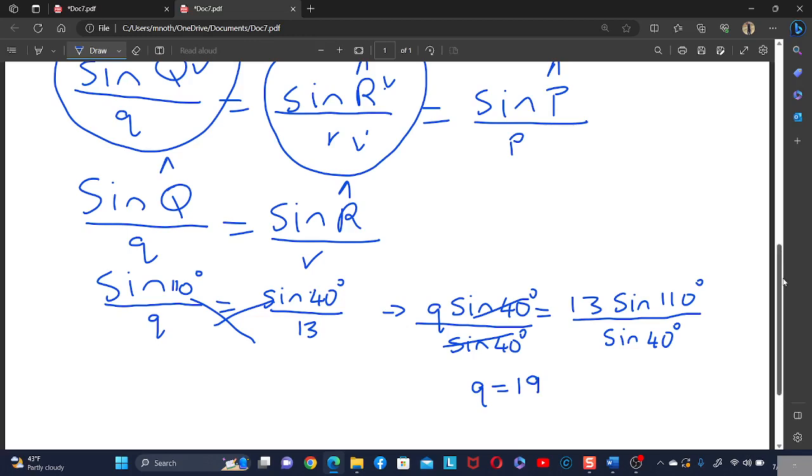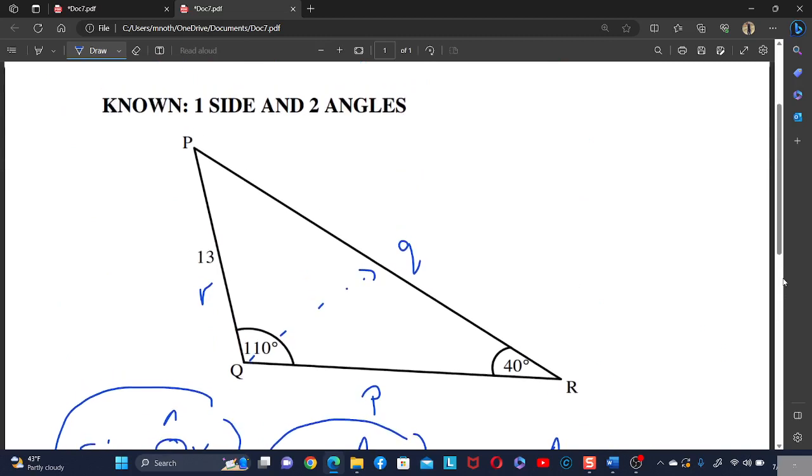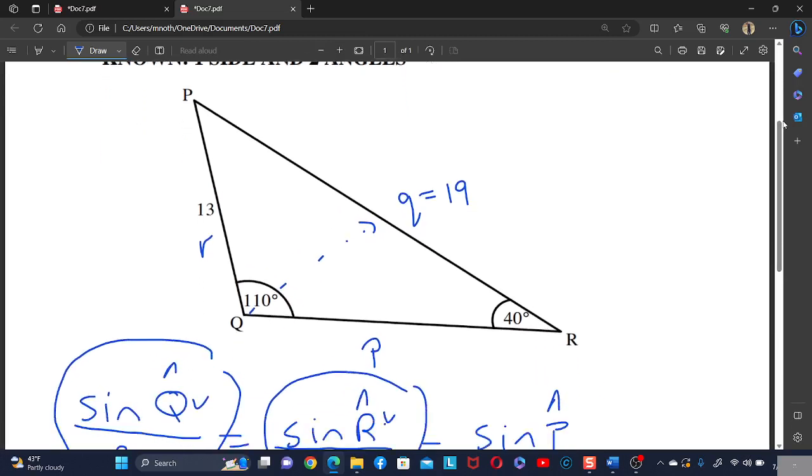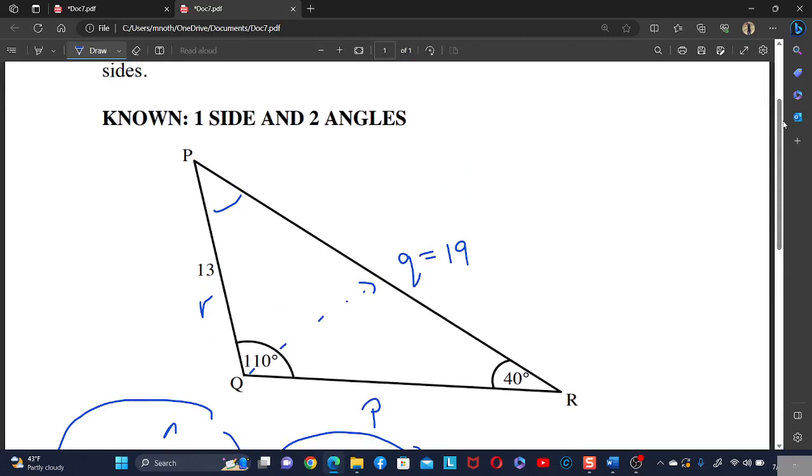Now we were told to calculate the length of the sides. We already have Q, which is 19, so now we are looking for side P. But we still don't have angle P, though we can find angle P by saying that angle P plus angle R plus angle Q is equal to 180 degrees, angles of a triangle.